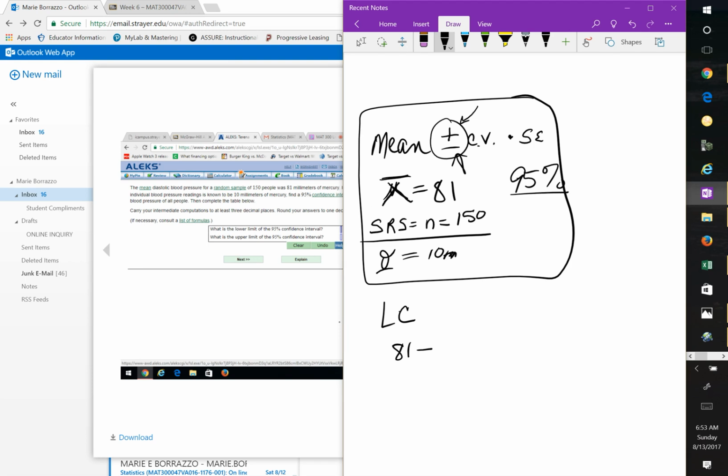The critical value is known as the critical Z value. So it's basically alpha split in half. Since this is 95%, alpha is 5%. But because it's a confidence interval, we split it in half. So we give the lower half 2.5% and the upper half 2.5%.